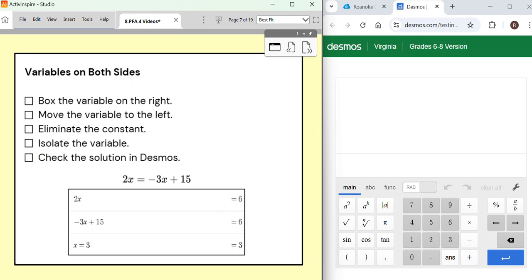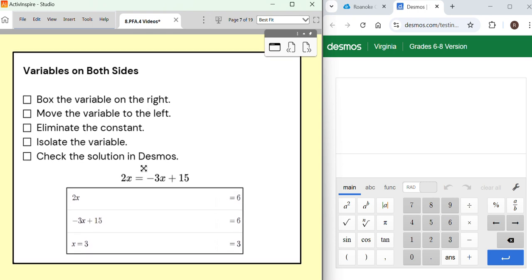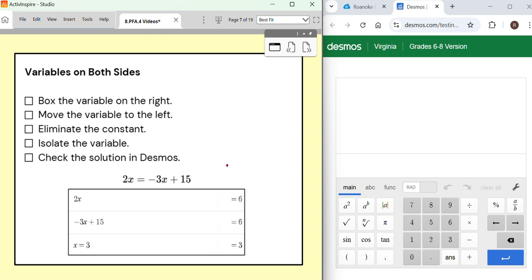When you have variables on both sides, you're going to box the variable on the right, move that variable to the left, eliminate the constant, isolate the variable, and check it in Desmos. So to check it in Desmos, you have to take notice of this equal sign right there.